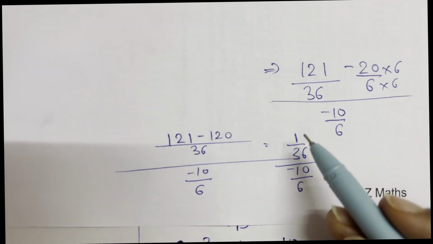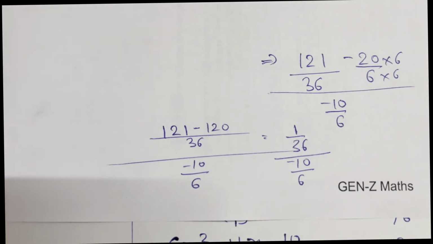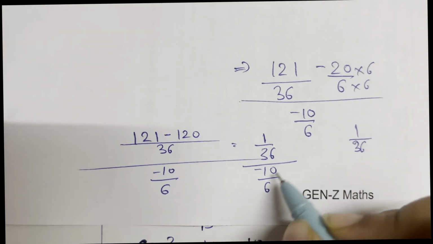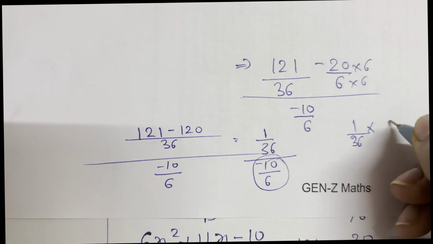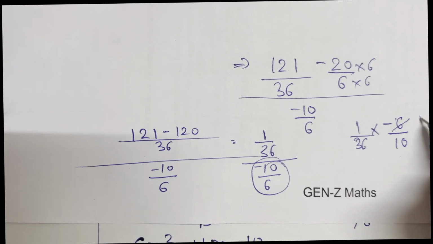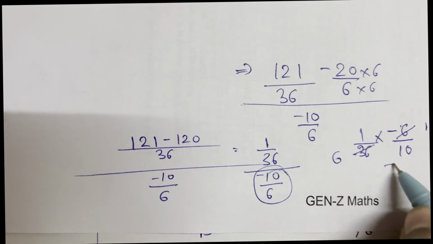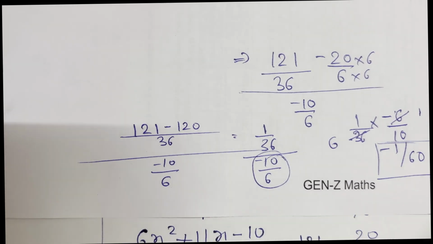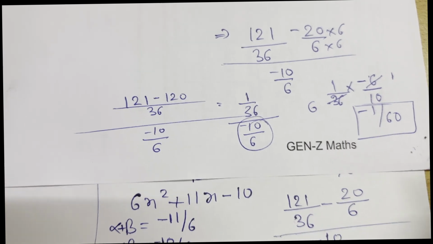And you know how to solve this double fraction by now, I'm sure about it. 1 by 36, what we'll do, we'll take the reciprocal of the denominator, minus 6 upon 10. On solving it, 6 ones are 6, 6 sixes are 36, we get minus 1 upon 60. That's the answer for this question.